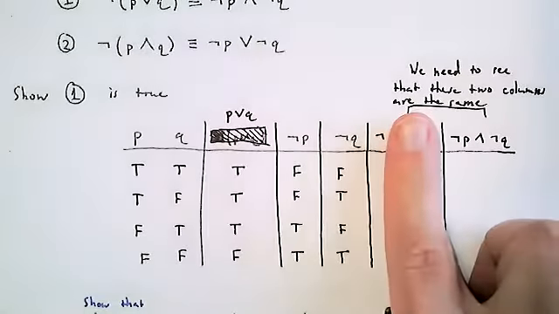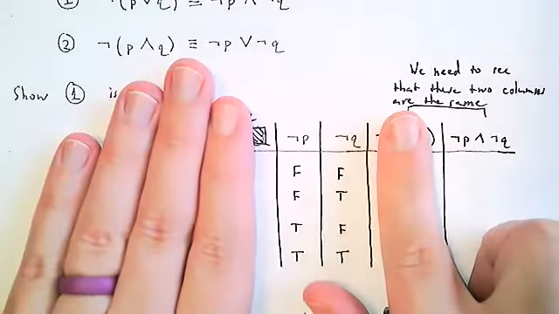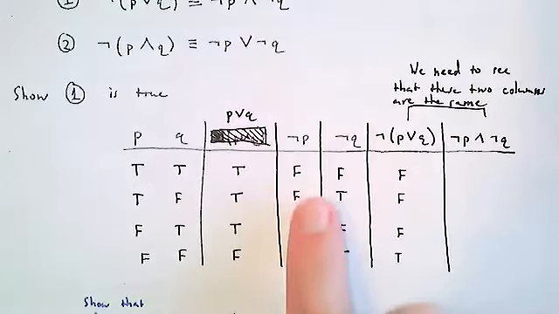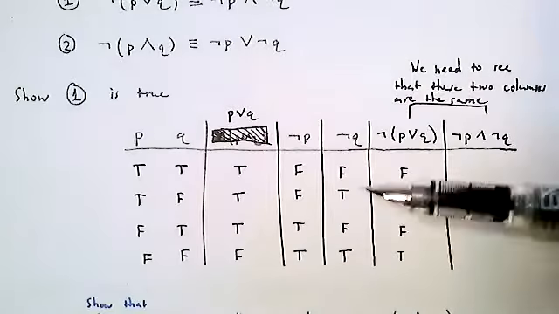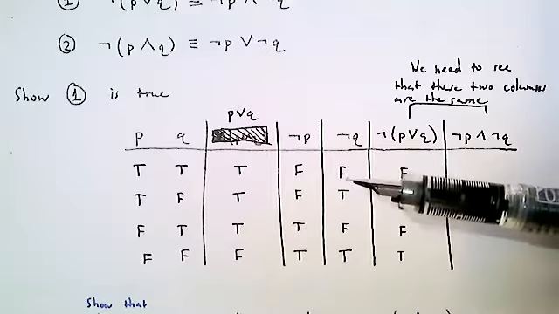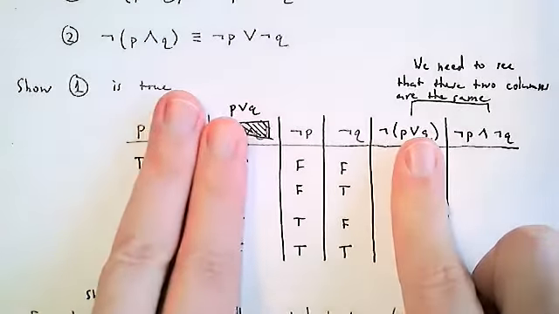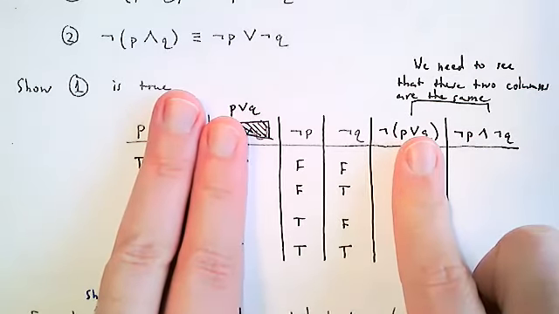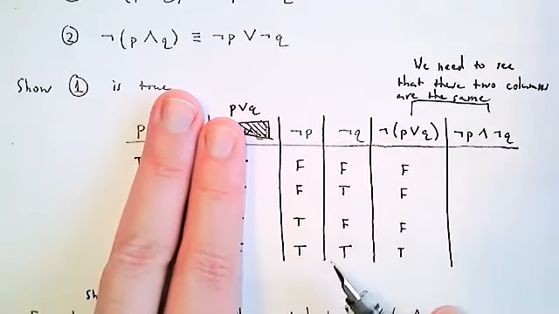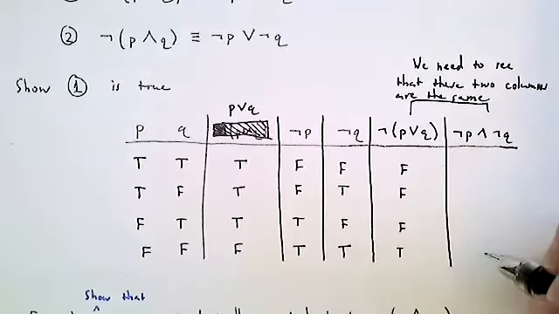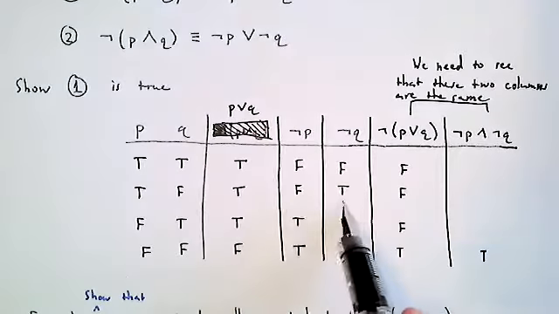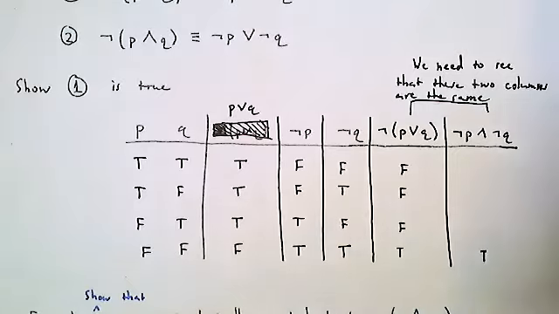So now we're going to ignore all of this over here. Which is the only row with two trues? Well, it's just the bottom one, right? So we'll get a true in the bottom row, but in the other three there's at least one false, so that means the AND is going to be false.